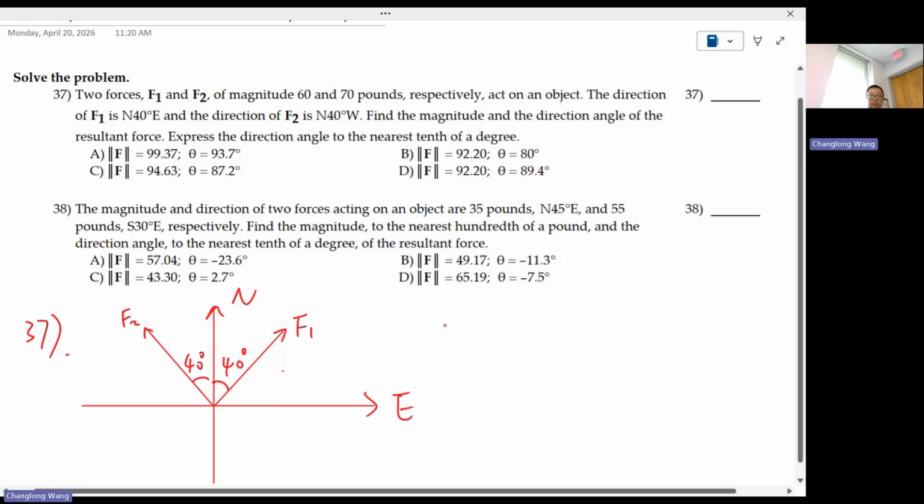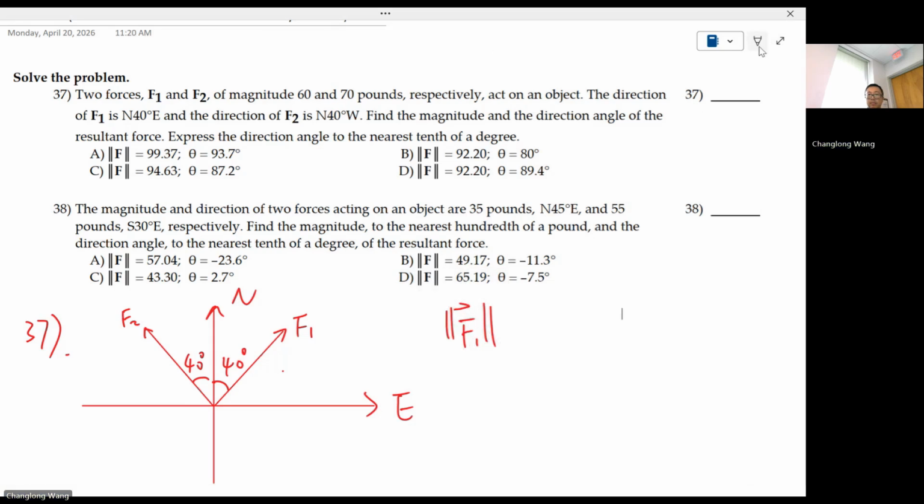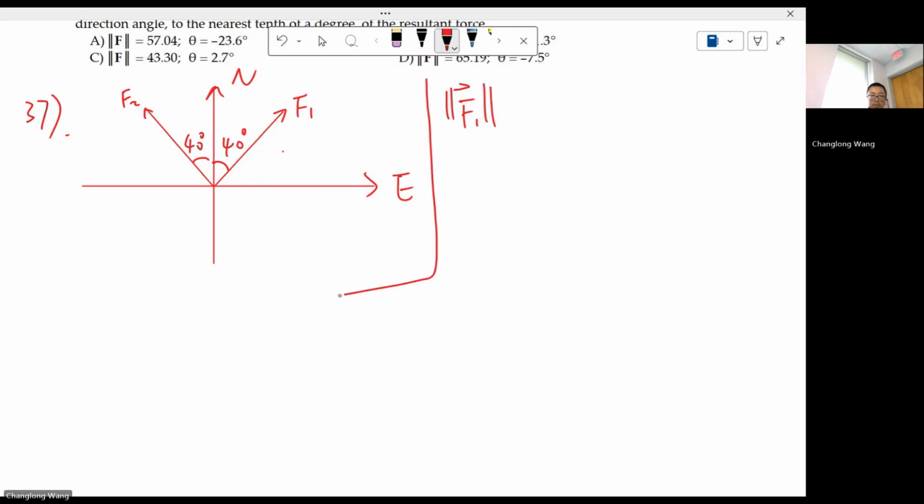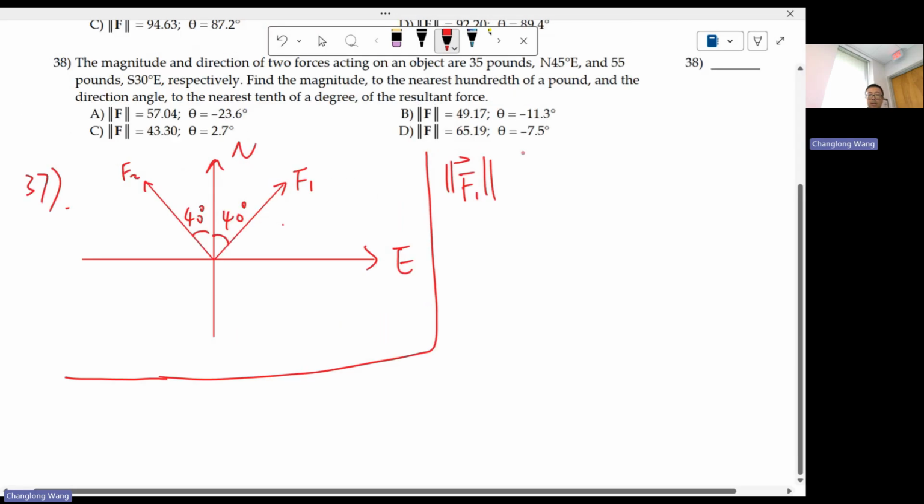So given their magnitudes, would you say that they're telling us the polar form? You know what? So I don't confuse you, let me make sure that's the diagram. All right, so we know from the problem the magnitude of F1 is 60, right?